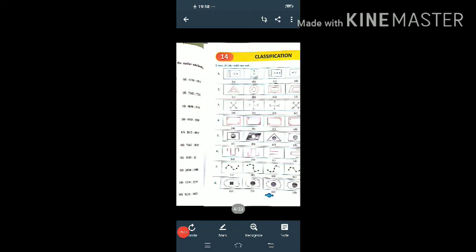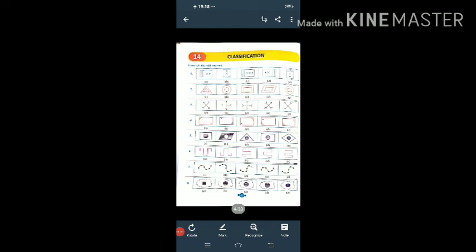Okay students, now the next one is classification. Cross out the odd one. Which one is the odd one? Can you find it? In second, E is the odd one. Observe and find the answer. In first, which one is the odd one?